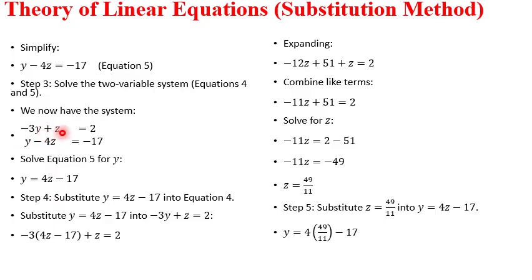So the third step now will be to solve the two variable system minus 3y plus z equals 2 that we got earlier, and y minus 4z equals minus 17. So we can first of all solve this equation for y. So you make y the subject, and we then get y equals 4z minus 17.